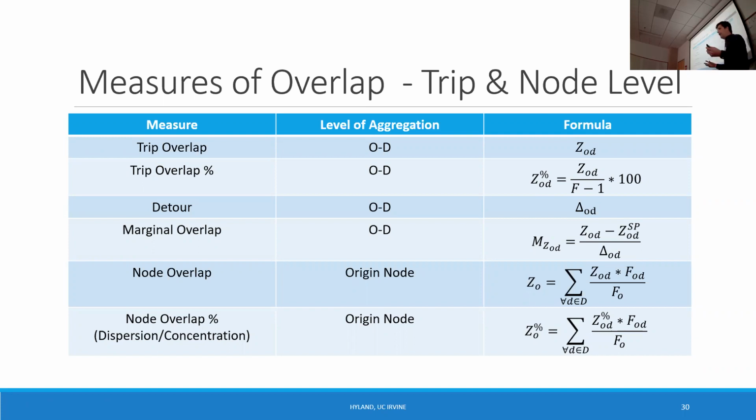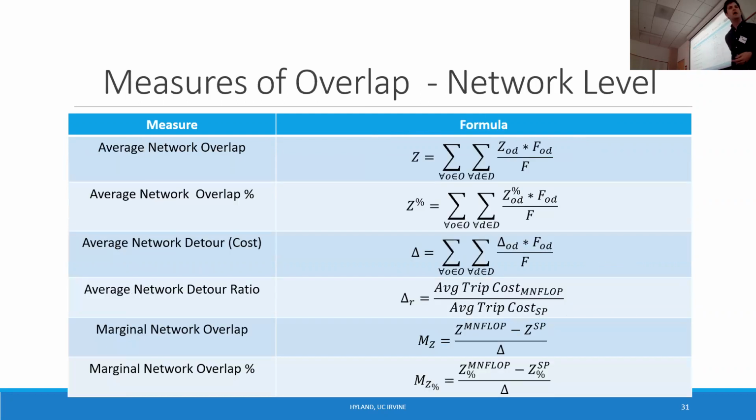You take the difference between that and your maximum network flow overlap, and you divide that by the detour to get the relative overlap per unit of detour. We could also aggregate all of our OD level metrics by summing over the destinations to get origin level metrics. And this actually was what Nav was particularly interested in for this research: origin level measures of dispersion or concentration in the demand for the system. You get the percentage for that. And then we have parallel metrics at the network level, right?